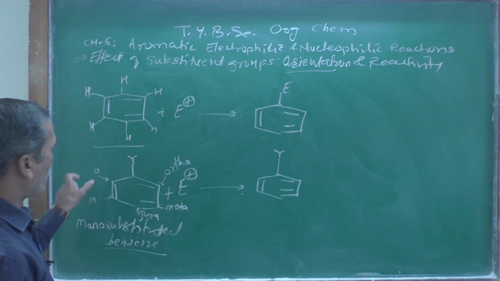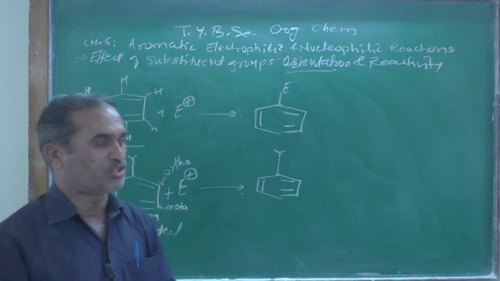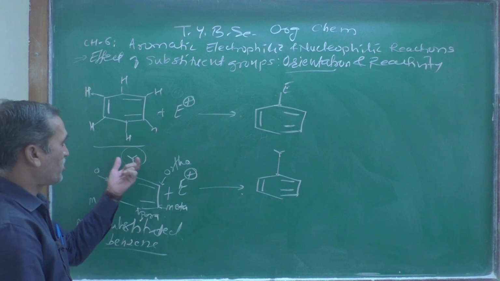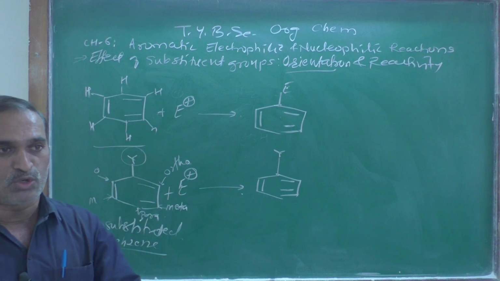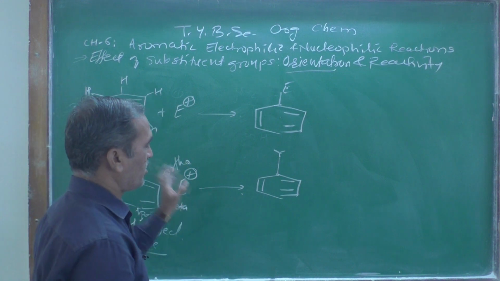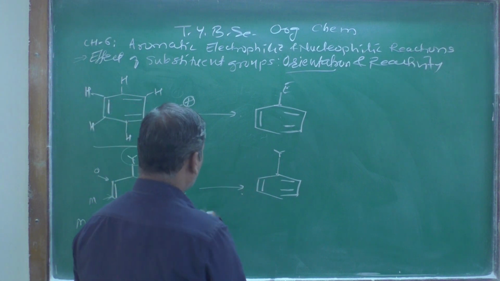There are ortho, meta and para positions. These are the three positions with respect to that Y group. We don't know the Y group yet; suppose, let us see here, we treat the Y group as an electrophile.